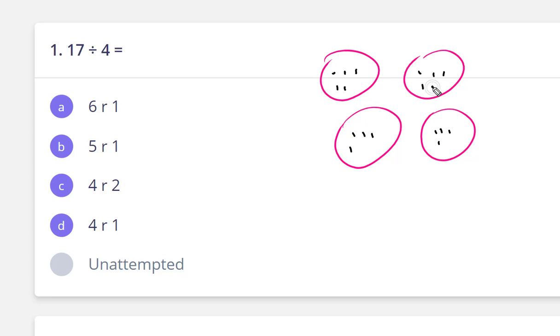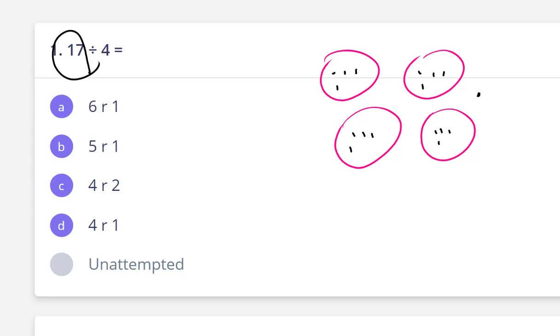No. So I have to remove the 17 and 18 because I'm dividing only 17. So I will remove this one and this one. Now I have one left over. I will put it out of all groups.